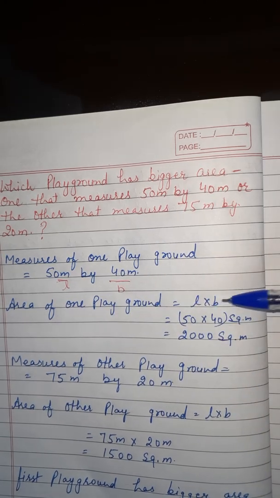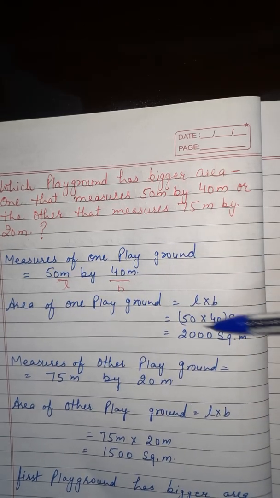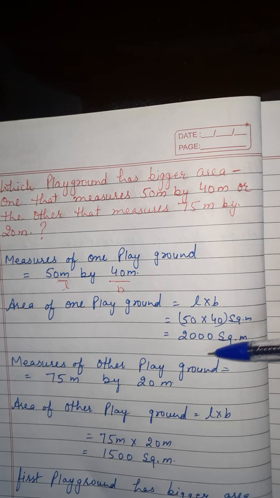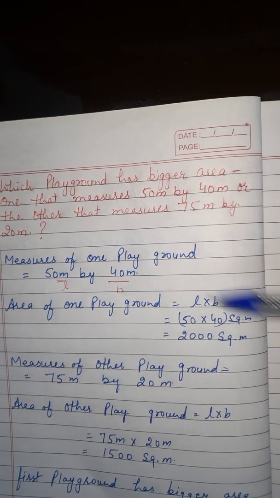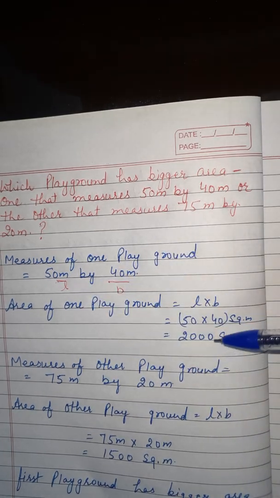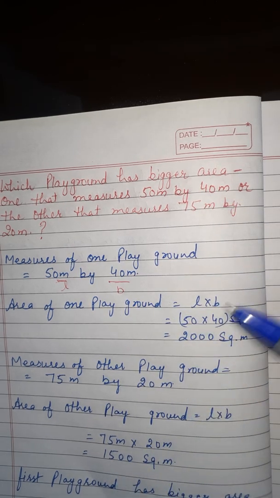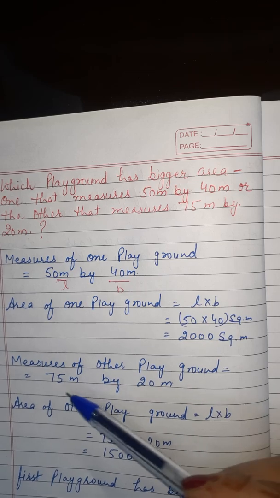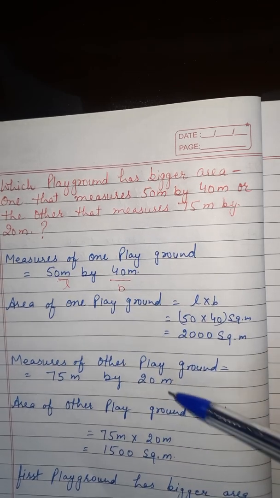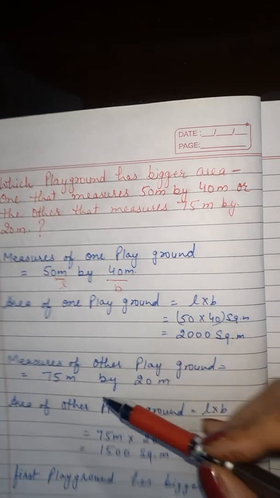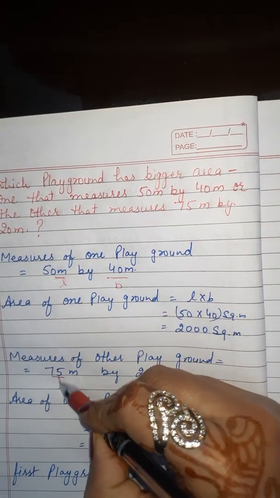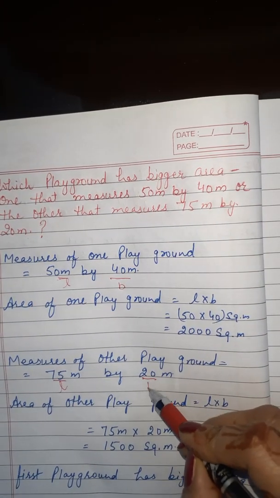So the area will be length multiplied by breadth, 50 multiplied by 40, that is equal to 2000 square meter. It means the area of the first playground is 2000 square meter. Now the other playground measures 75 meter by 20 meter. Again 75 meter is the length and 20 meter is the breadth.